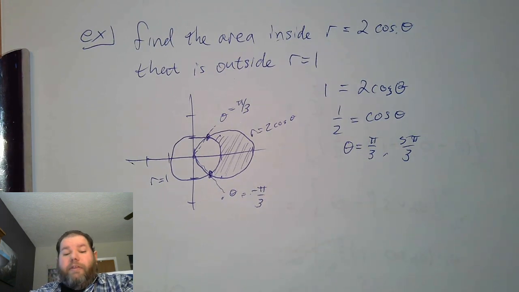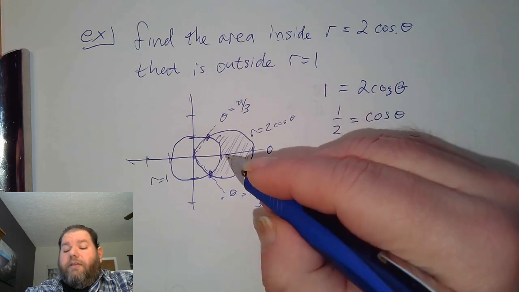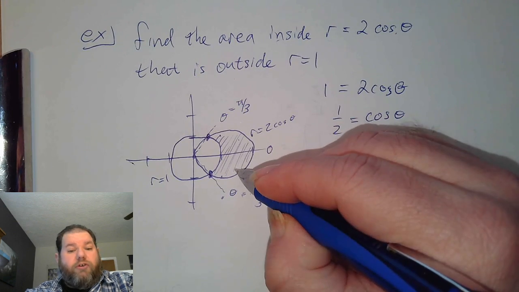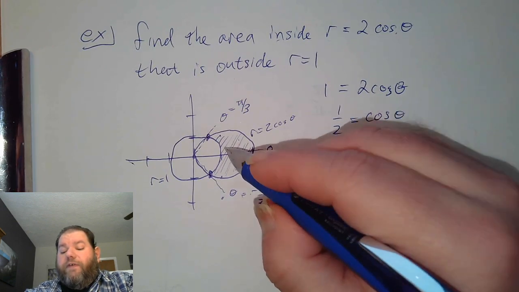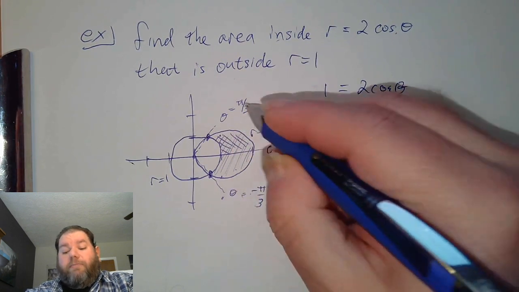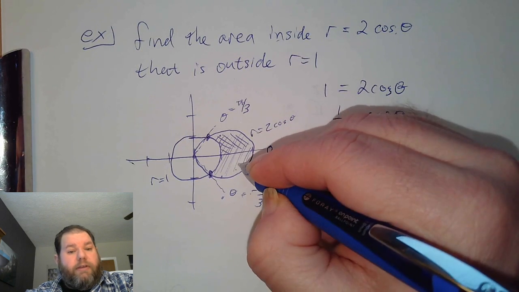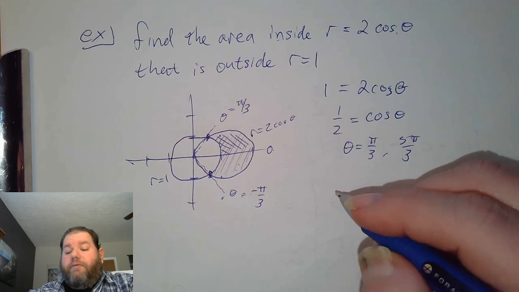Now, there is another course of action we can take here, and we know the top half of this area is symmetric to the bottom half. So we could just find this top half right here from 0 to pi over 3 and then double it to get the bottom half also. And that's probably the way that we'll go.